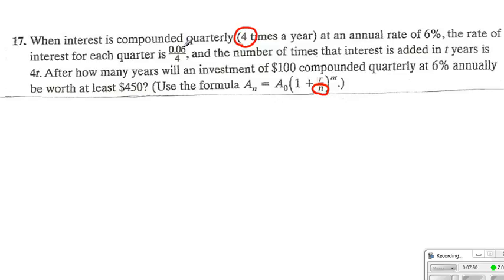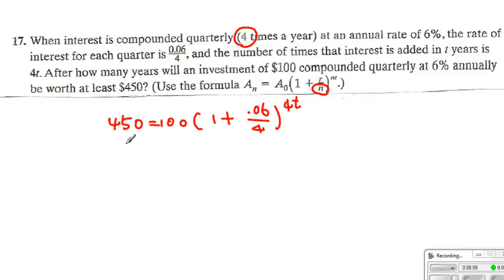So basically, what we are looking for is the time. That means 450 is on one side, the other one is 100 times 1 plus 0.06 over 4 times to the 4t power.